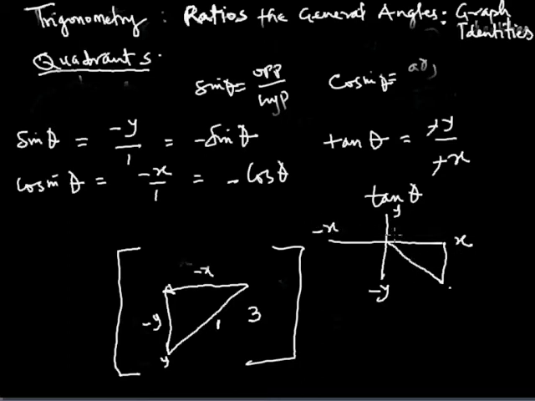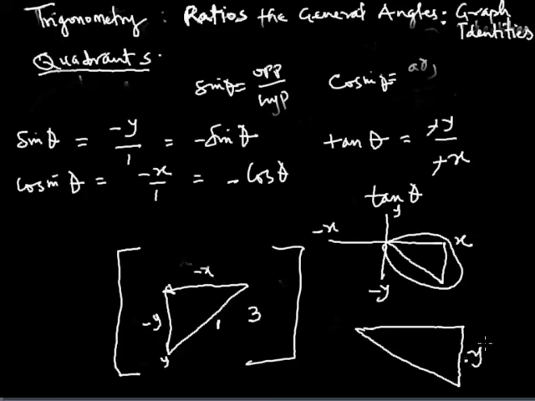Let's draw this particular triangle outside. This is the y-axis on the negative side, and this is the x-axis on the positive side.